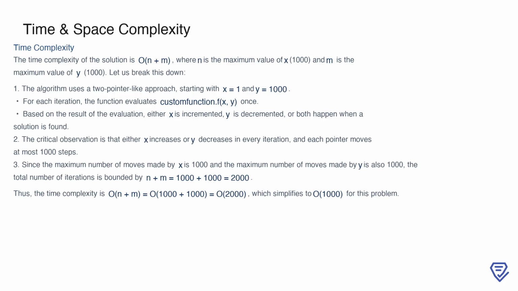This means that x increases up to 1000, and y decreases down to 1, resulting in a total of at most 2000 moves combined. Therefore, the time complexity is O(n + m), where n is the maximum value of x and m is the maximum value of y. Given the constraints of the problem, n and m are both 1000, so the complexity simplifies to O(1000), which is highly efficient for this input size.